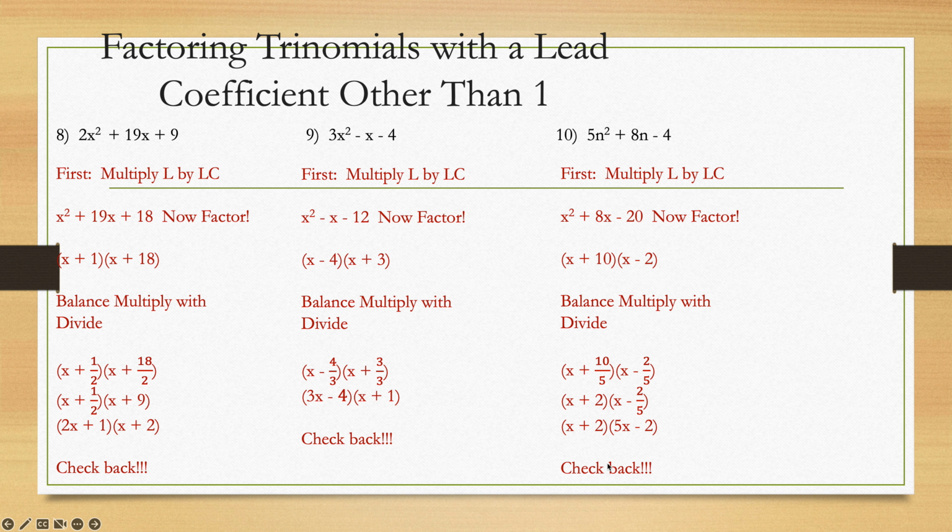Let's check back to make sure that I don't have another careless mistake in there somewhere. X times 5x is 5x squared. X times negative 2 is negative 2x. 2 times 5x is 10x.